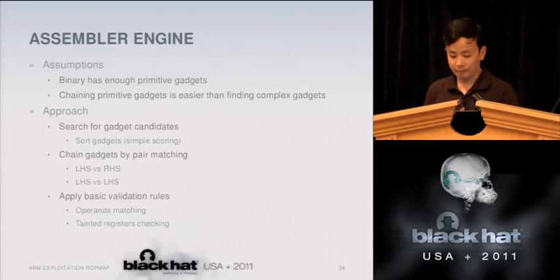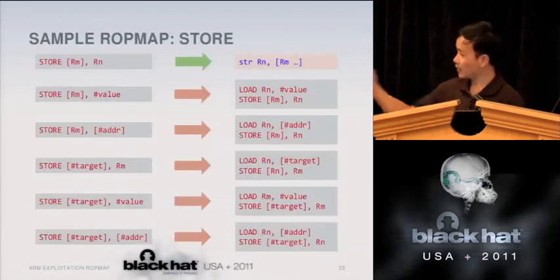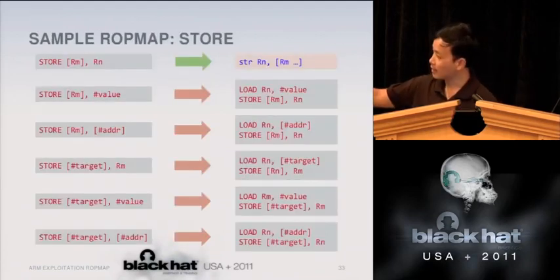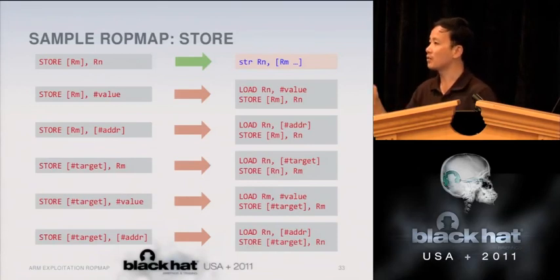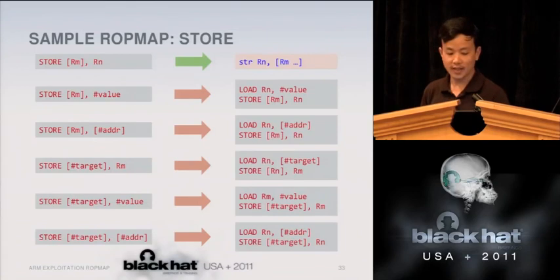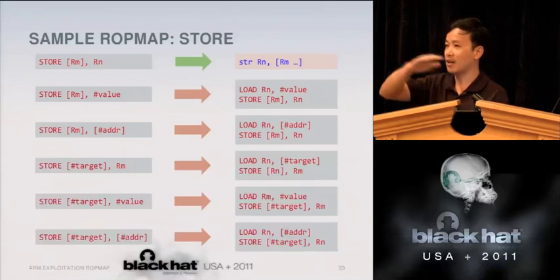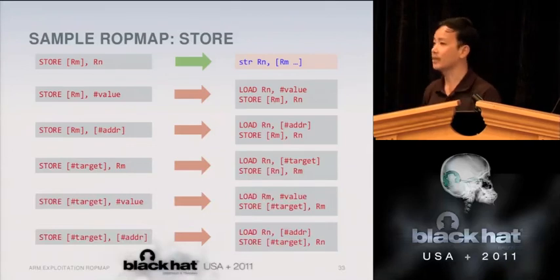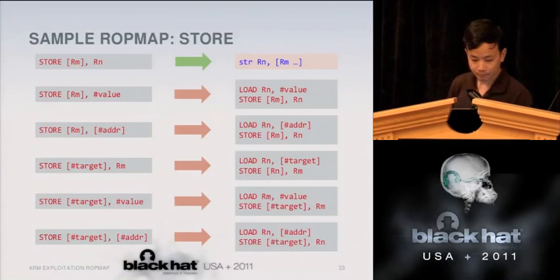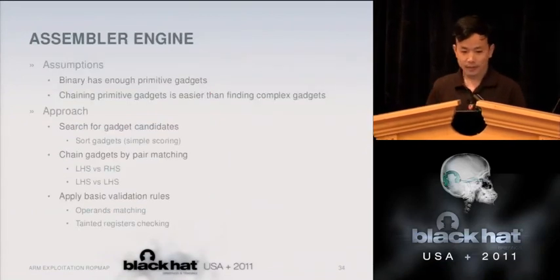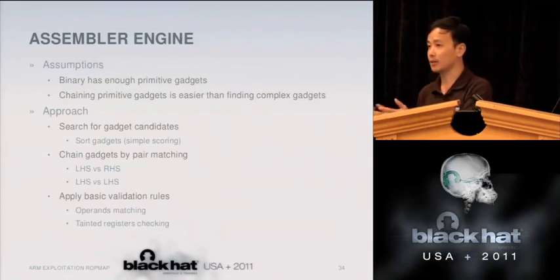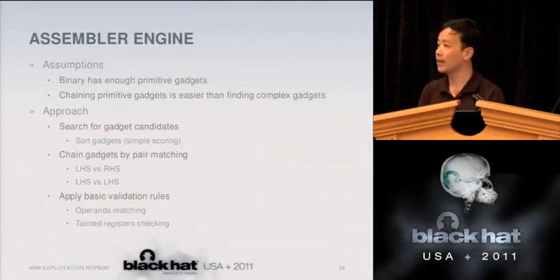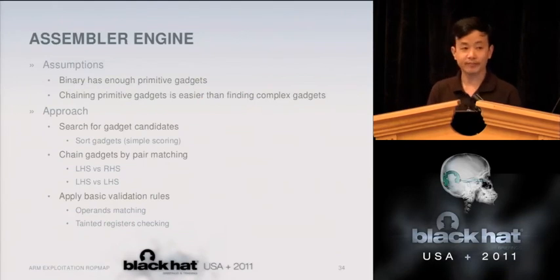If you go back to the previous slide, it will be very difficult to find a gadget that does an instruction like the last instruction. You would have to find a gadget with 5 or 6 instructions to do exactly what we saw here. So our approach is first to use our tool to search for a list of candidate gadgets.